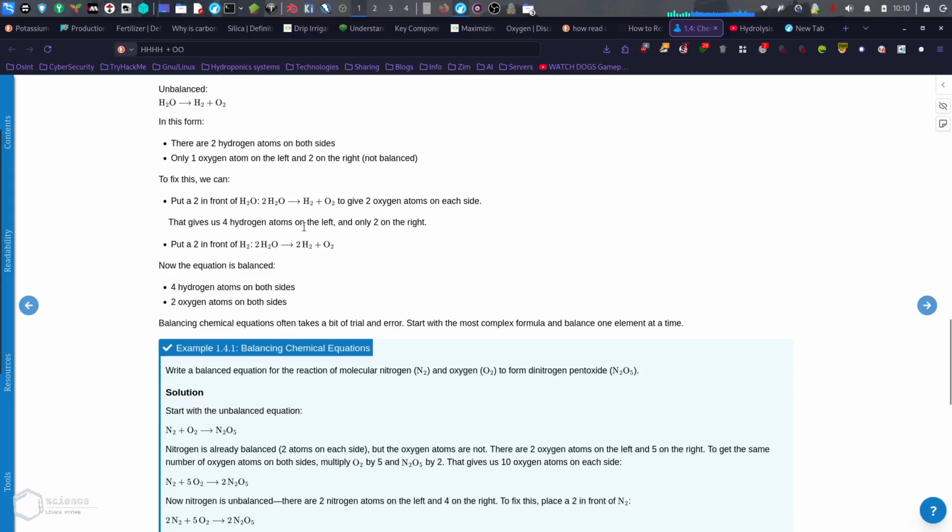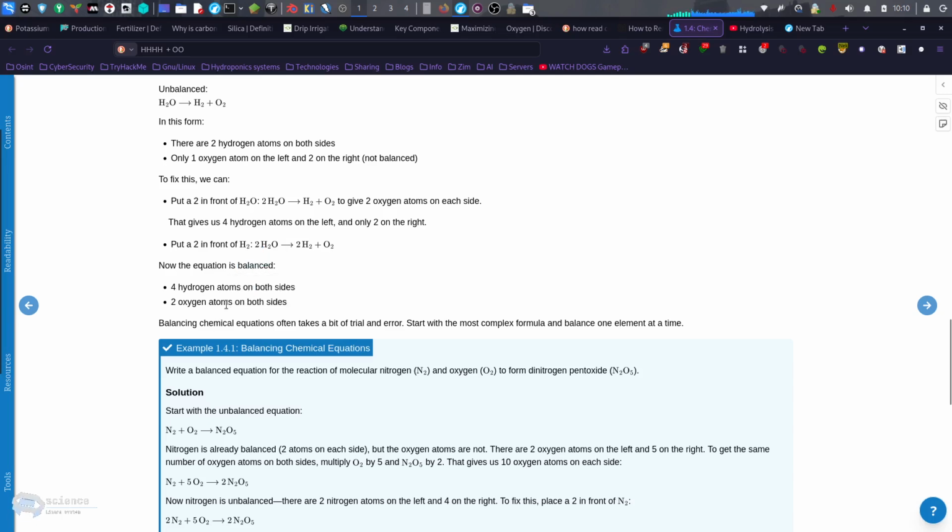One side, two sides. In here, 4 hydrogens. In here, 4 hydrogens. In here, oxygen multiplied by 2 equals 2. We get, on this side, 2 oxygens. This carries the balanced equation.